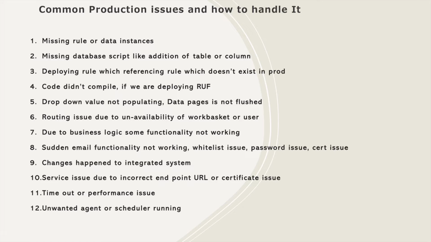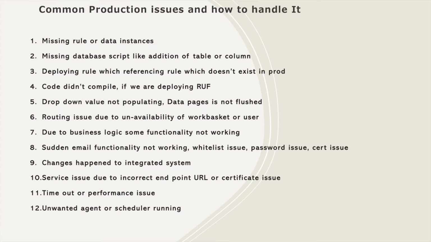You are supposed to deploy 5 work baskets and you missed 2, or you missed all 5. Your code is using those work basket names, so if the work basket doesn't exist in the system, then the flow will go to the error flow and you'll see this kind of issue. Most routing issues happen because of these things only, that the person or work basket you're routing to doesn't exist in the system.